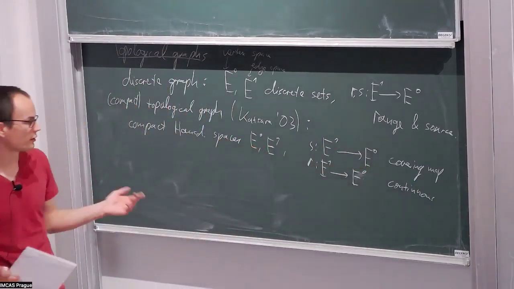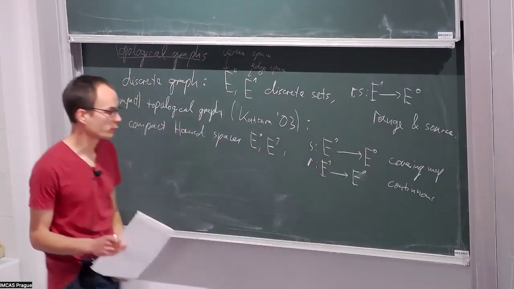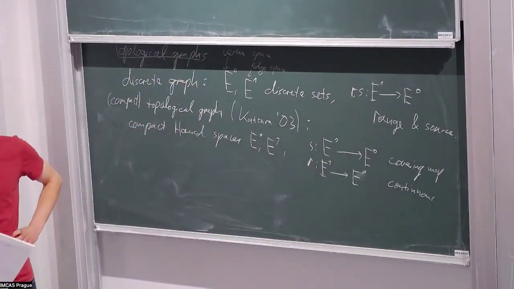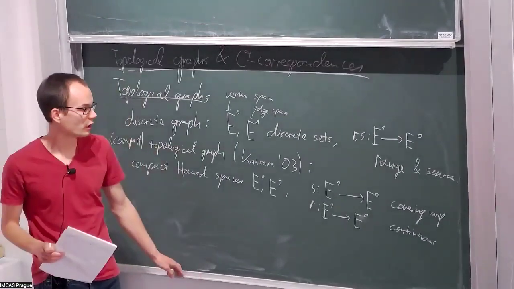So if anybody has seen this definition before, you almost certainly saw that S is required to be a local homeomorphism. For compact spaces, a local homeomorphism is automatically a covering map.